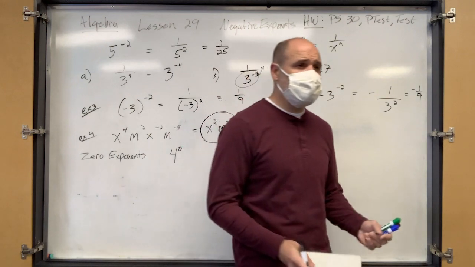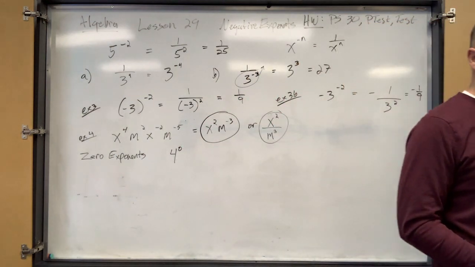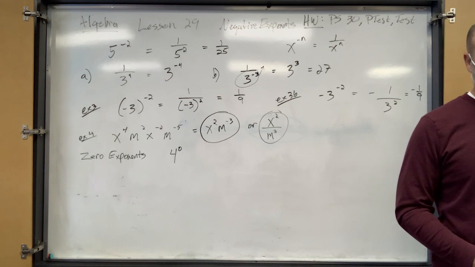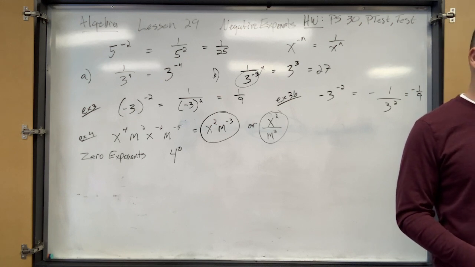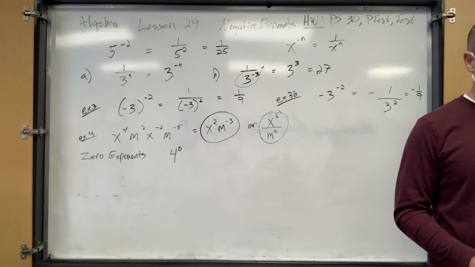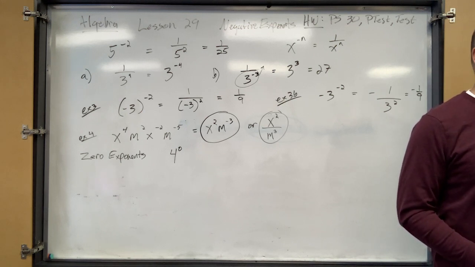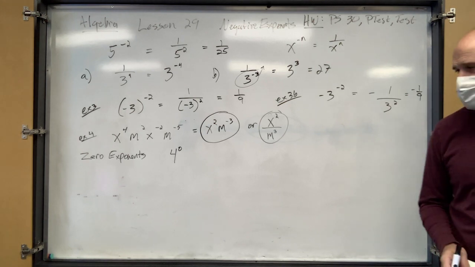You guys know what 4 to the 0 power is? It's the number 1. It's not 4 to the first power or anything like that. It's just the number 1. That's weird, don't you think? Well, let me show you.